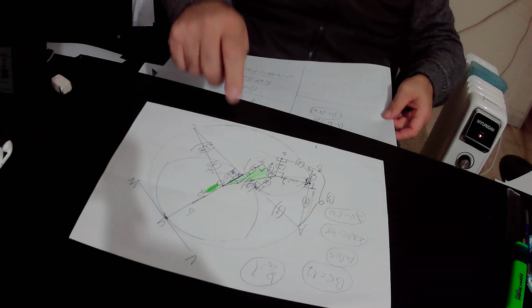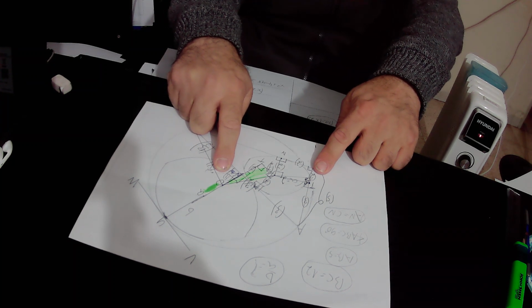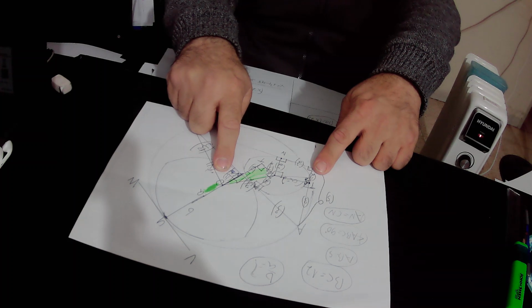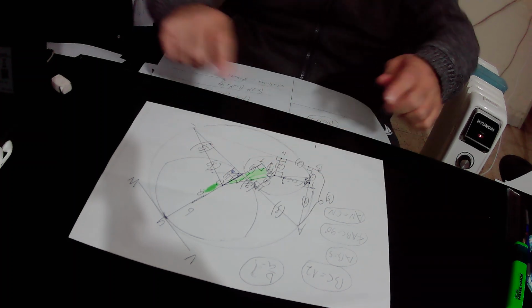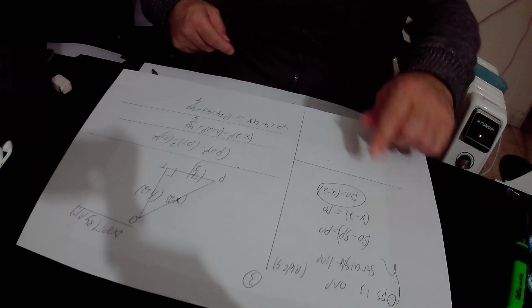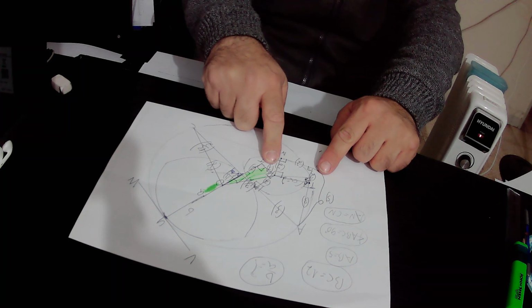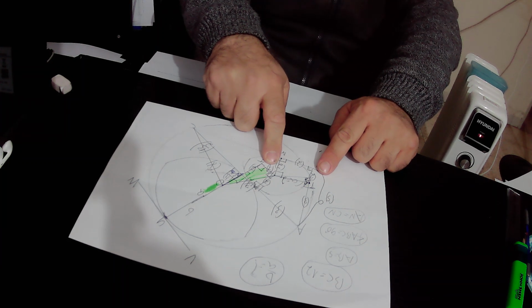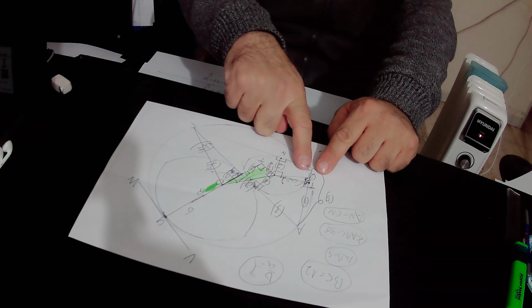What is the definition of the straight line SO? It starts from point O, which is the center of the bigger circle, and ends at point S, which is a point on the bigger circle itself. Therefore, OS is the radius of the bigger circle, that is equal to x. So we can substitute OS or SO by x. What is the definition of line segment PS? Line segment PS starts from point P, which is the center of the small circle, and ends at point S, which is a point on the small circle itself.